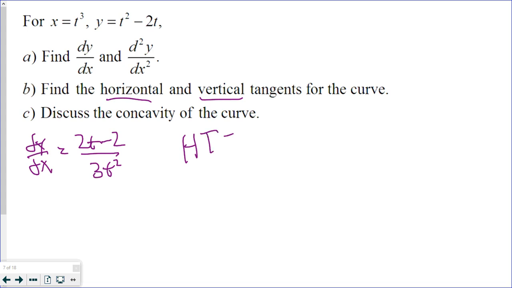A horizontal tangent is where the top part equals 0, right? So I'm going to do 2t minus 2 equals 0, or really t just equals 1. So when t equals 1, we have a horizontal tangent line. If I want to know the exact points of that horizontal tangent line, you've got an x equation and a y equation.